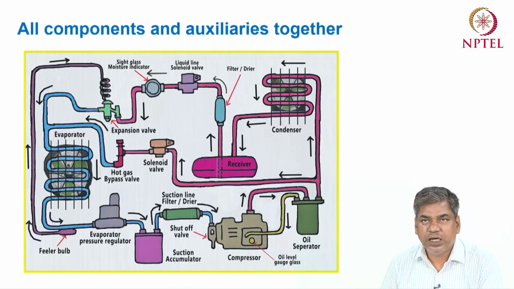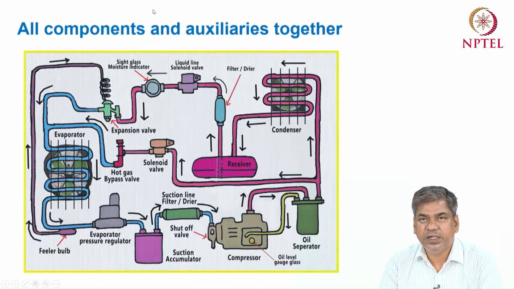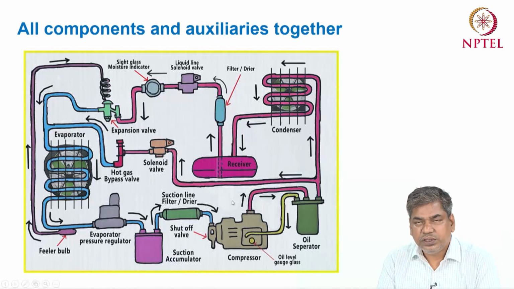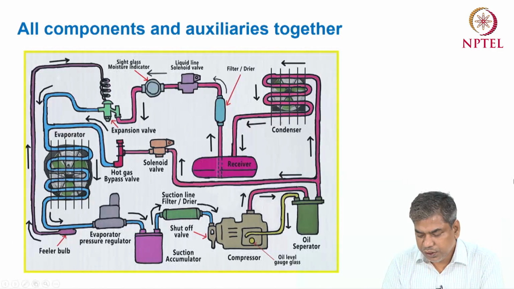Some regulating valves are also there. We have already discussed different types of expansion devices, but in this case a thermostatic expansion device is used, where the bulb is connected at the outlet of the evaporator, which will control the superheat after the evaporator.